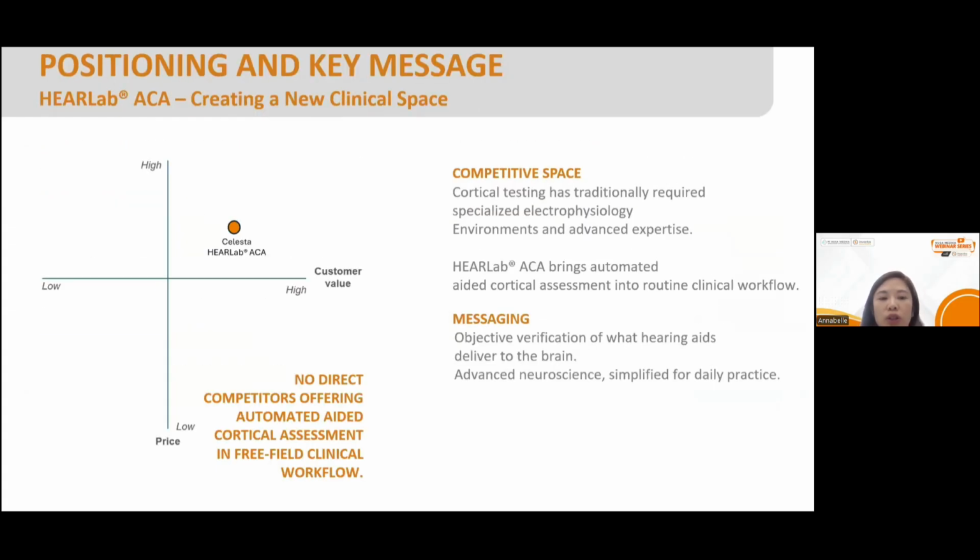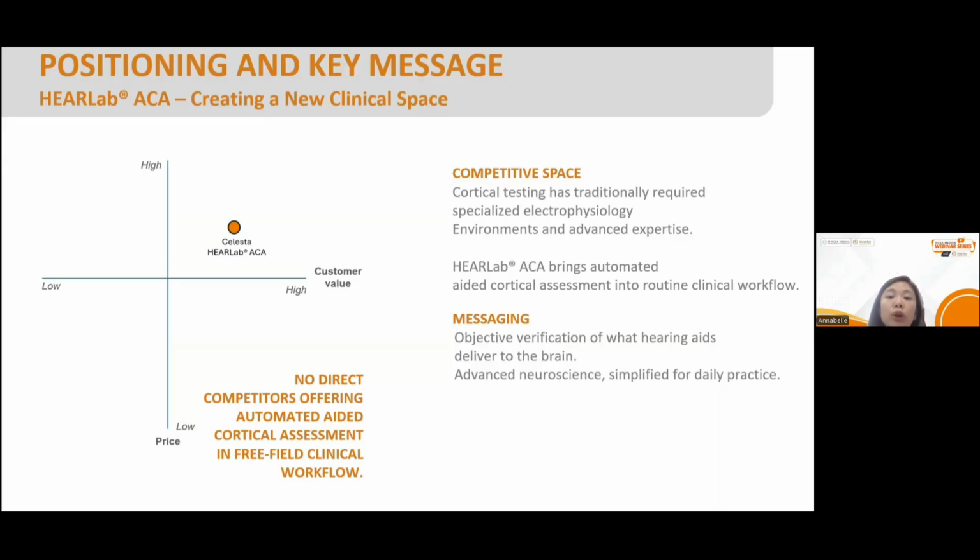For the positioning, we talk about why the Celesta is very competitive. It is unique in the audiology field, and it really helps with the evolution of how to handle very difficult cases of fitting hearing aids, or not even fitting hearing aids, for babies.